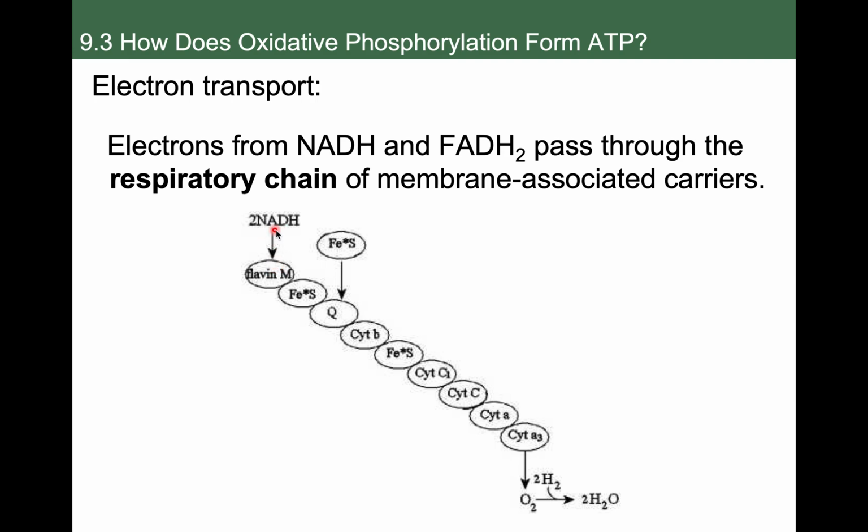So here we've got our NADH showing up at one end of the chain. It will release those electrons, so NADH would become oxidized and get converted back to NAD+. And now those electrons are going to get passed from one component to the next down the chain. The reason they get passed along is because each component is slightly more electronegative than its neighbor.